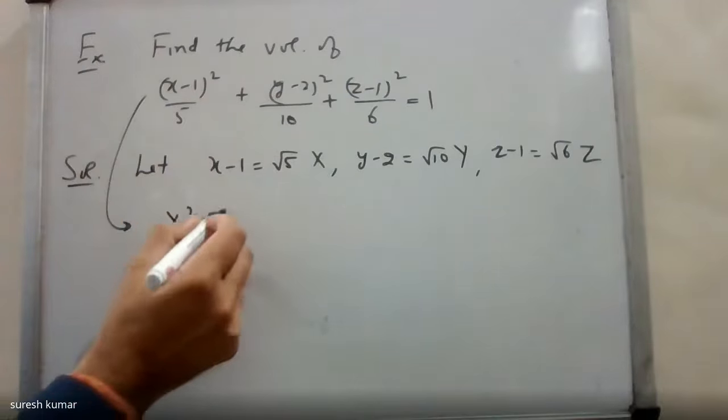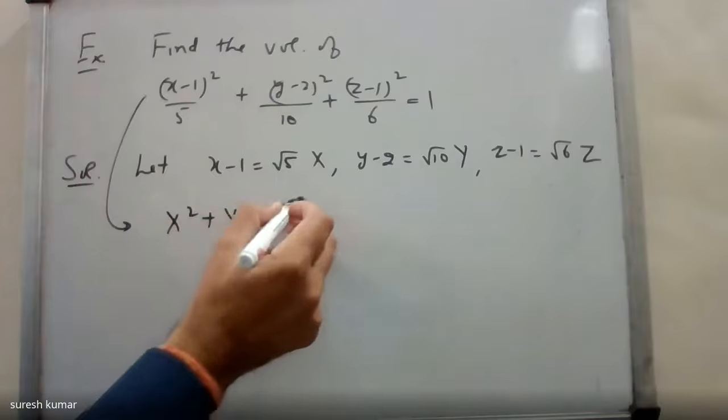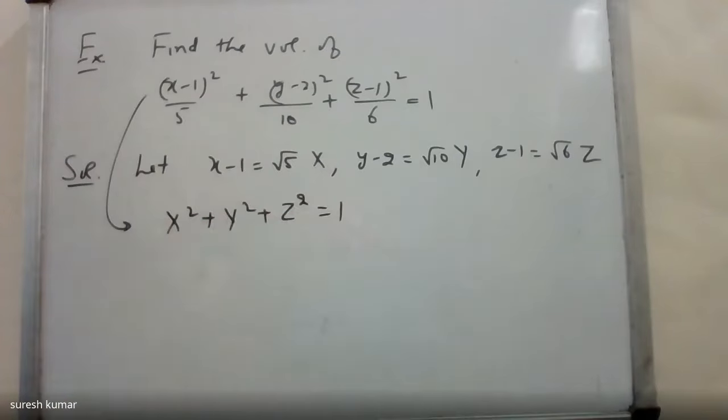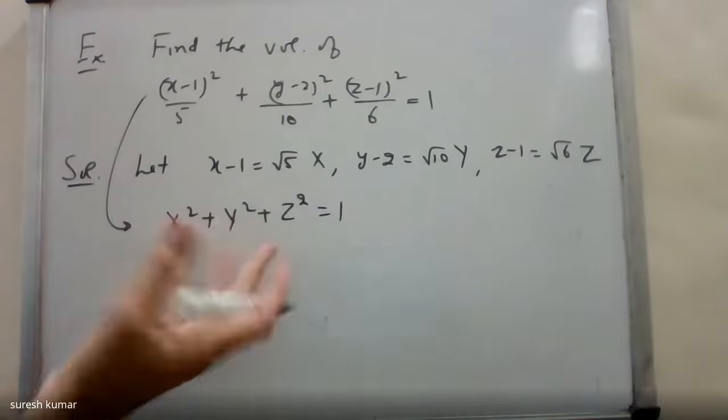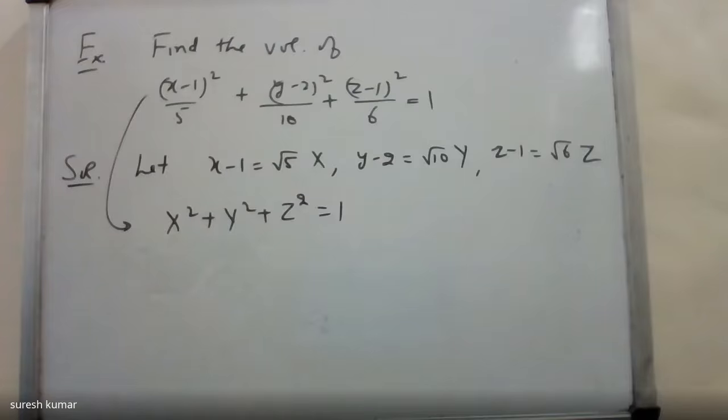Capital X square plus capital Y square plus capital Z square equal to 1. You know it's a sphere in the new coordinates, capital X, capital Y, capital Z. And its volume we can calculate using triple integral easily.